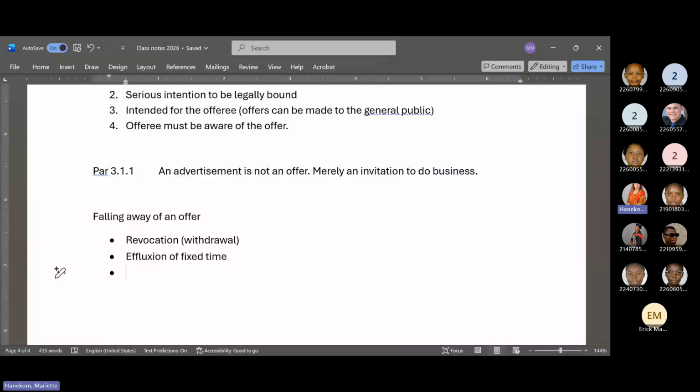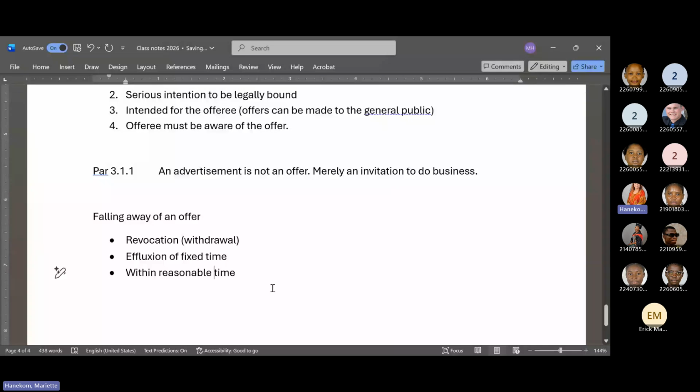If, however, there was no particular time specified, the offer will also lapse, fall away within a reasonable time. So what is a reasonable time?